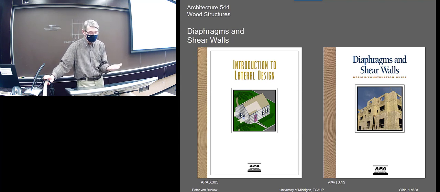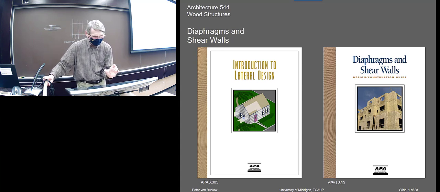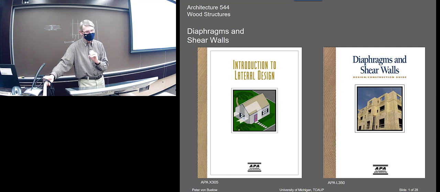So they chose the name Engineered Wood Association, but everybody knew it as APA, so they kept the acronym. But you should go to their website. They have an incredible list of publications.